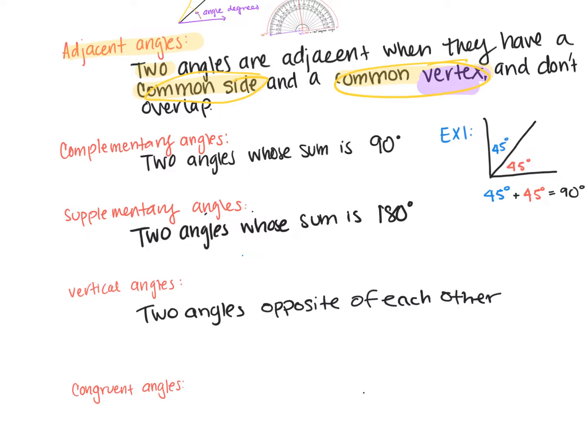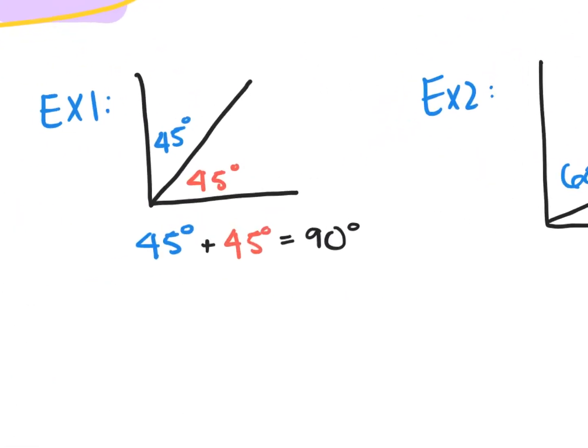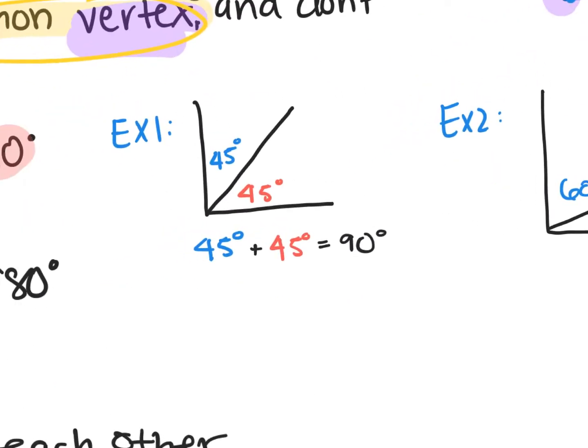So here we go. Next word is complementary. Complementary angles are two angles whose sum, right, so you got to be able to add them up, is 90 degrees. So we need two angles. Here's one angle.